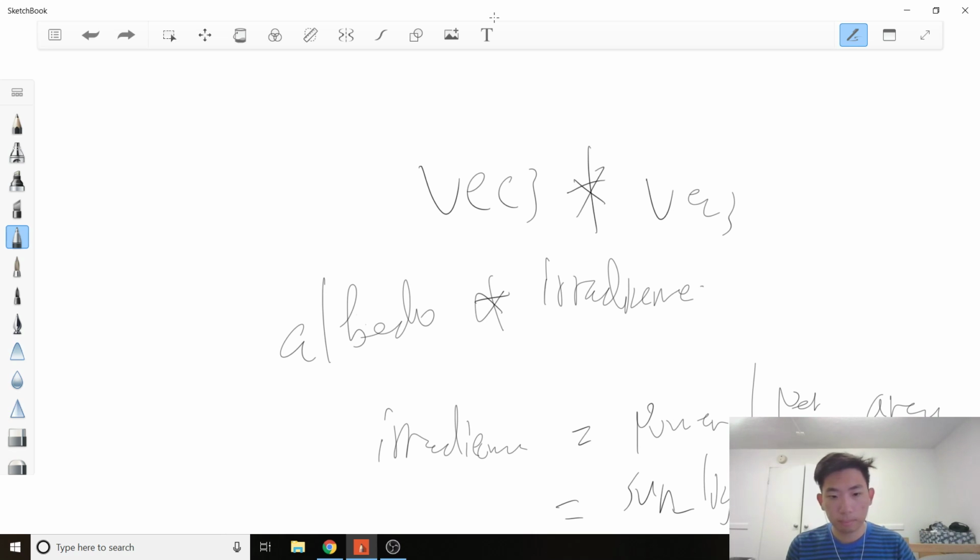Yeah. So it's going to be albedo multiplied with the irradiance, where the irradiance is equal to sunlight multiplied with the cosine of theta, which is the projected radiance in a sense. Radiance is without per area. Actually, it's per area per solid angle. You know what? Just forget about that. Forget what I said.